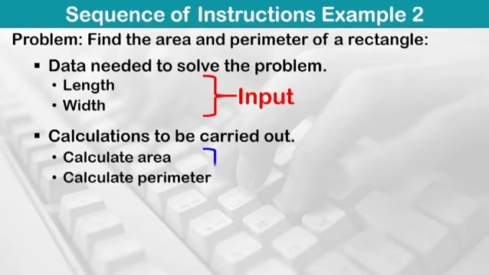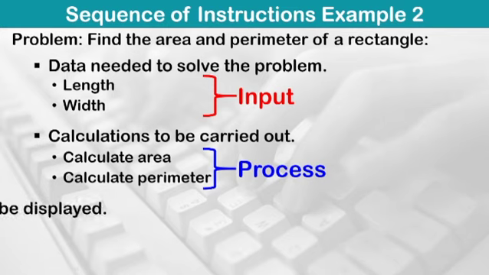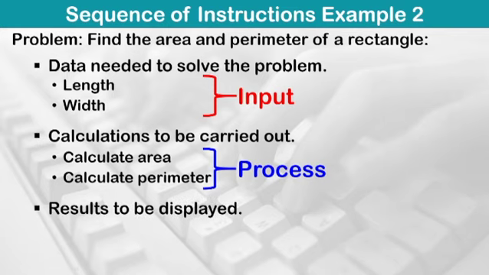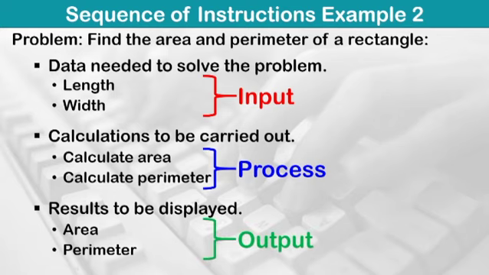These two will be done during the process stage. Finally, results to be displayed are area and perimeter. These form part of the output stage. Let us see how the flowchart to solve this problem will look like.